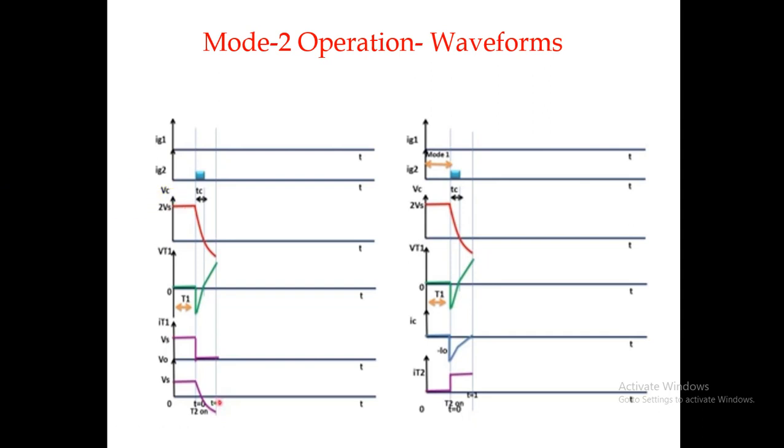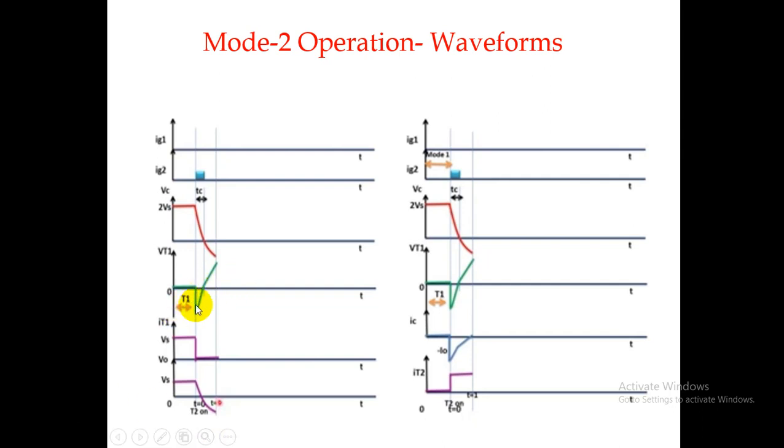One is the discharging current of the capacitor and the other current is supplied by the source. And look at the waveforms, it's going to be discharging like this, and as we know the thyristor T1 is off and it is going to get some reverse recovery time to go to the off condition. That's why we are getting the waveform like this.